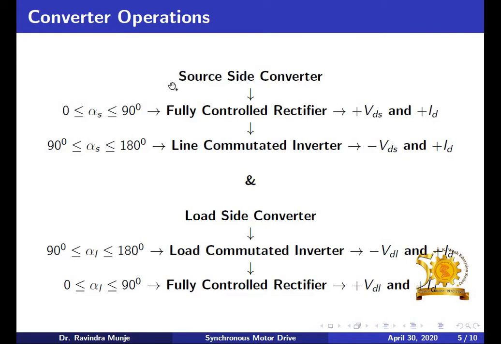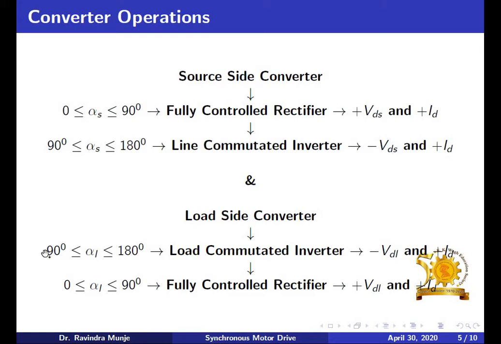So for source side converter, when firing angle is 0 to 90 degree, fully controlled rectifier with positive values of VDS and ID, and when firing angle alpha S is in the range of 90 degree to 180 degree, it acts as line commuted inverter with negative VDS and positive ID. Now if we go to the load side converter, alpha L is the firing angle of load side converter.